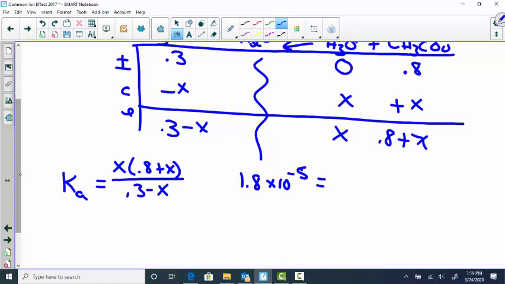And that's going to equal x times 0.8 plus x all over 0.3 minus x. Okay? Now, we still have our 10 to the minus fifth issue here, so we're still good there. And that means I can cross out that x, but it also means I can cross out that x.